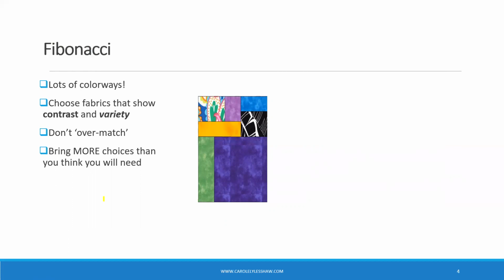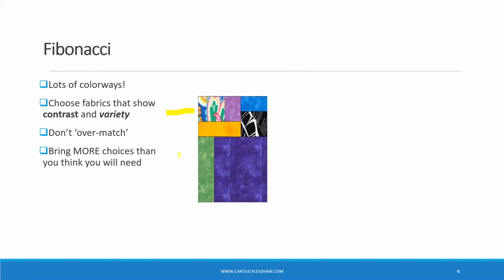And if you're not sure which fabrics to use, I suggest that you bring a few more choices than you think you will need. So for example, in this first block, which is a Fibonacci block, you see that I have used a nice, vibrant, modern print that's shown in the upper left corner.